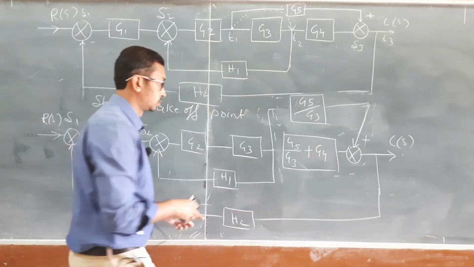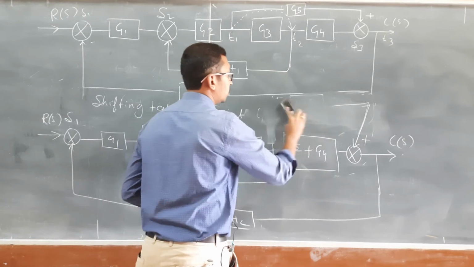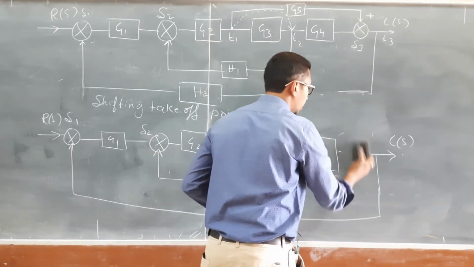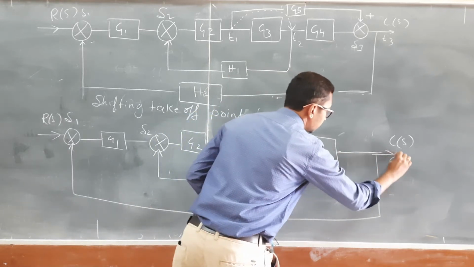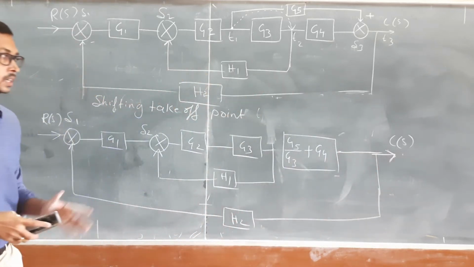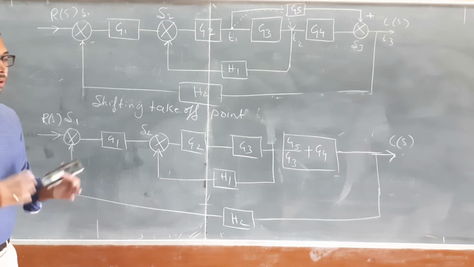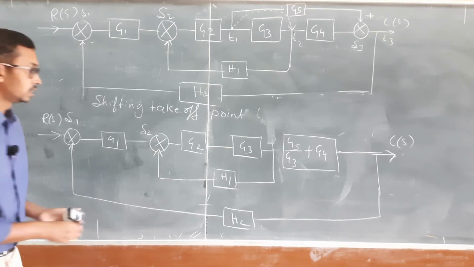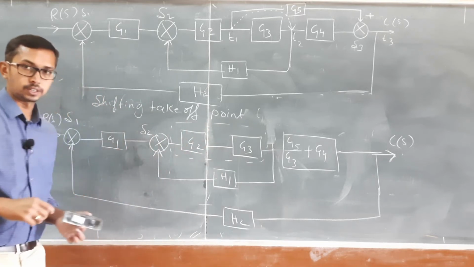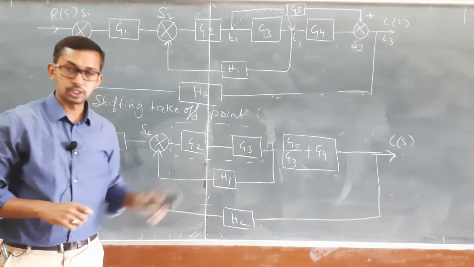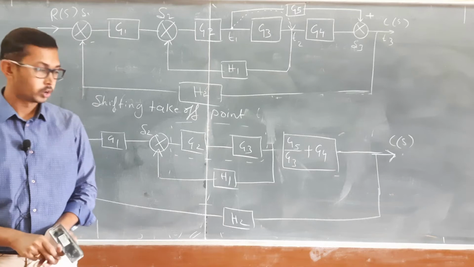After applying this rule, this will be removed, including the summing point. Have you got this one? So this is the next step. What else can we do? See these two blocks are in series, right? This G2 and G3 are in series. We are going to apply the rules.